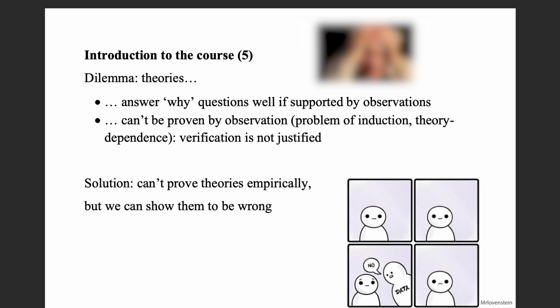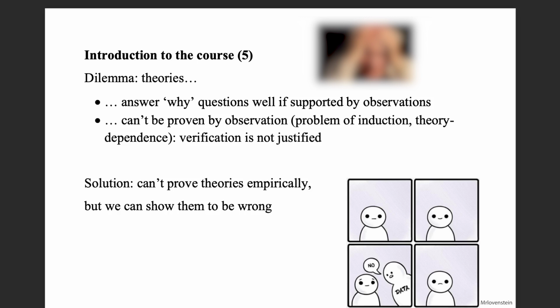Or if our theory is that democratic countries do not engage in wars with each other, right? The democratic peace theory. And then we do actually see in reality that democratic countries fight wars with each other all the time, then this does prove our theory wrong.